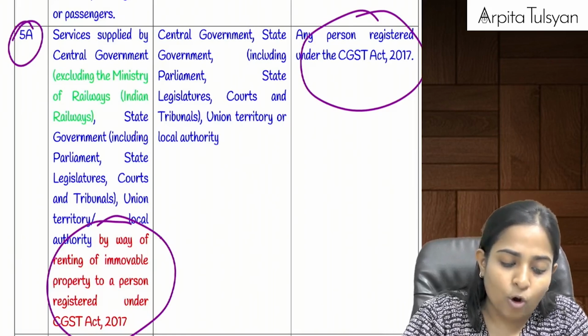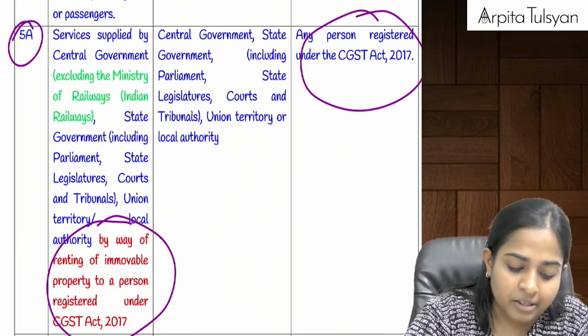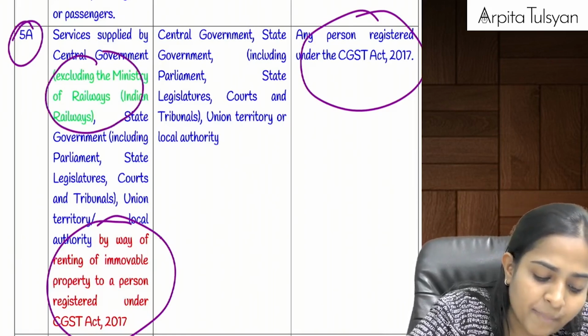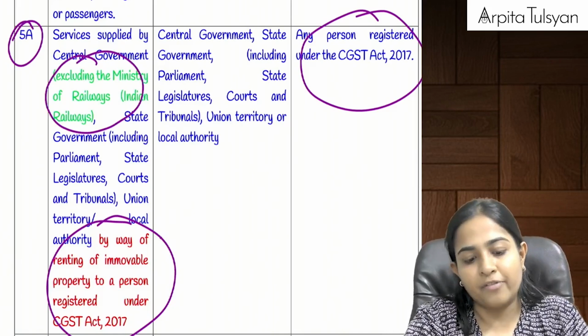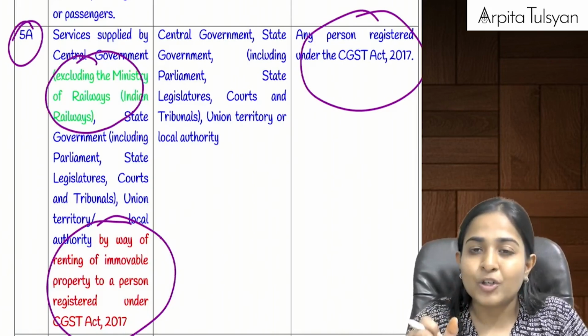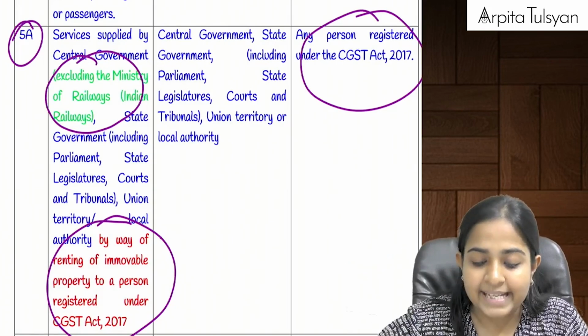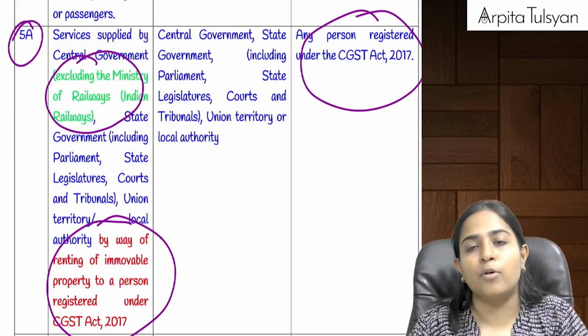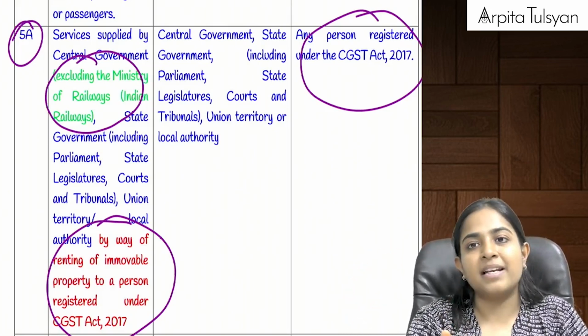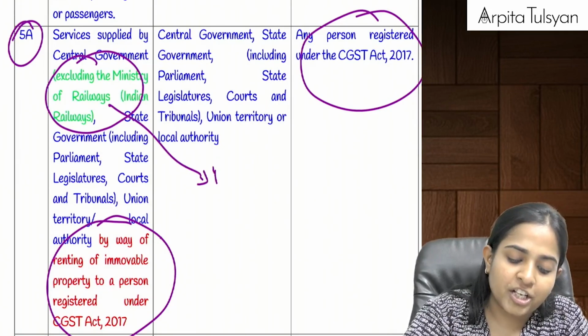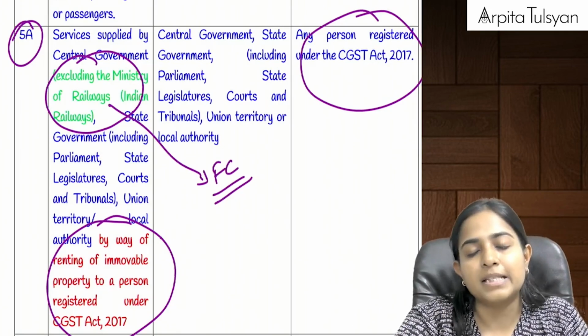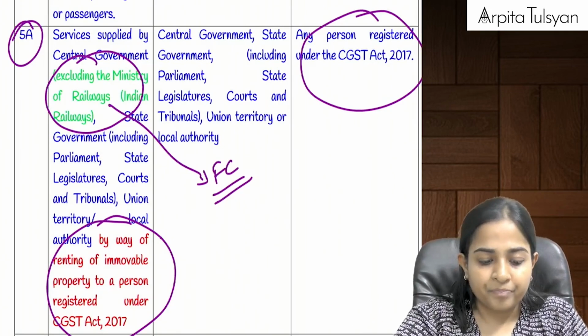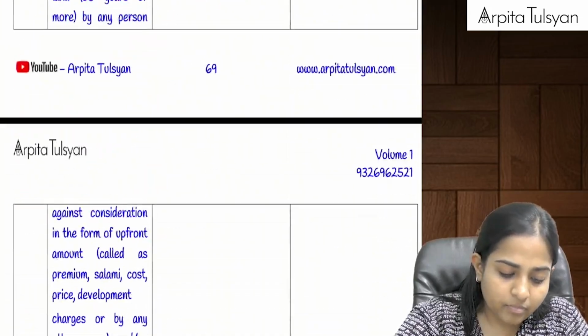In that case also, in case of government, they have excluded Ministry of Railways. So for example, if Ministry of Railways is providing any service to a registered person of renting of immovable property, then reverse charge mechanism is not applicable. Forward charge mechanism or forward charge concept will be applicable there. Are you clear with this? Yes.